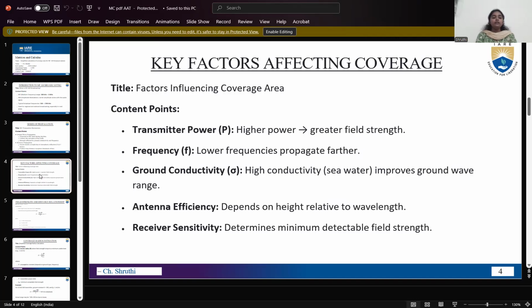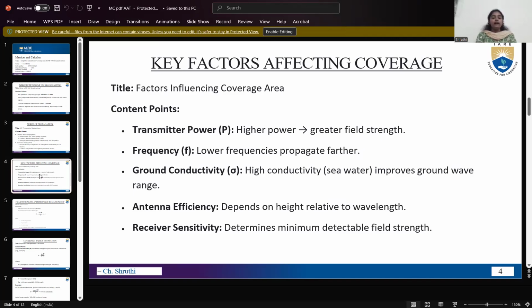Next, it is about the frequency, which is denoted by the small f. Lower frequencies propagate farther. Ground conductivity. High conductivity, like seawater, improves ground wave range. Next, it is about the antenna efficiency.